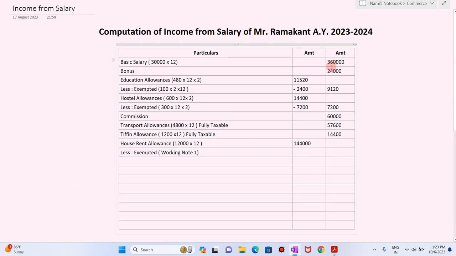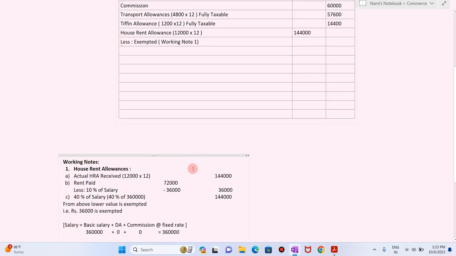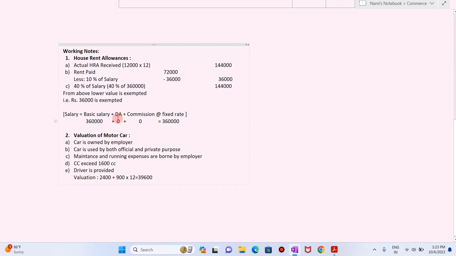See here we did the calculation, 3,60,000 plus DA. DA is not provided. Okay, so that's why 0. Commission at fixed rate. Commission is provided, but the value of the commission is in amount. So commission at fixed rate is not provided. Hence take it 0.